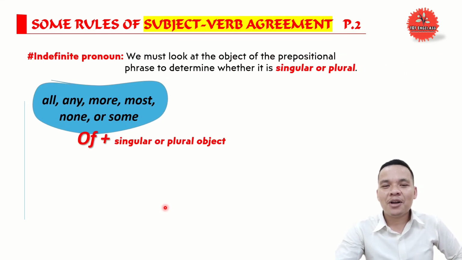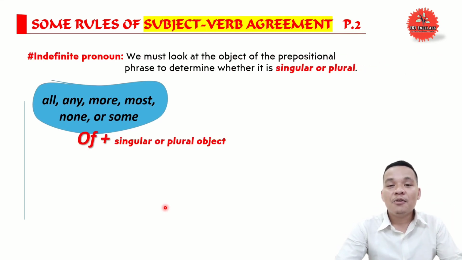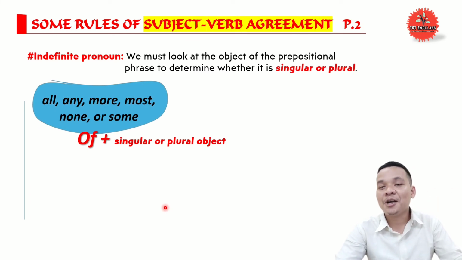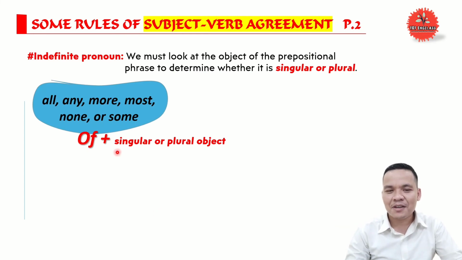So when we are talking about indefinite pronouns like the ones I'm showing you here, we must look at the object of the prepositional phrase to determine whether it is a singular or plural verb. So which one is the prepositional phrase? And which one is the object of the prepositional phrase? Singular or plural object?